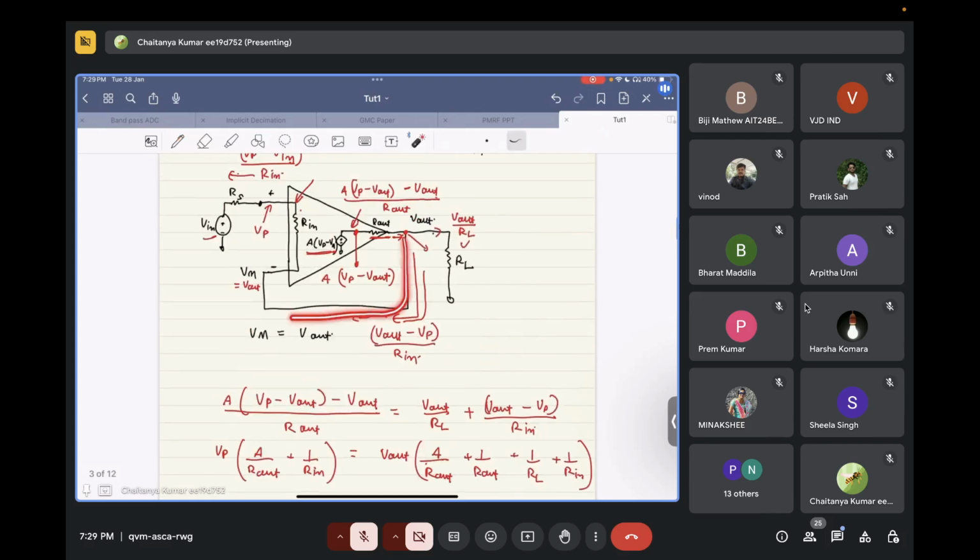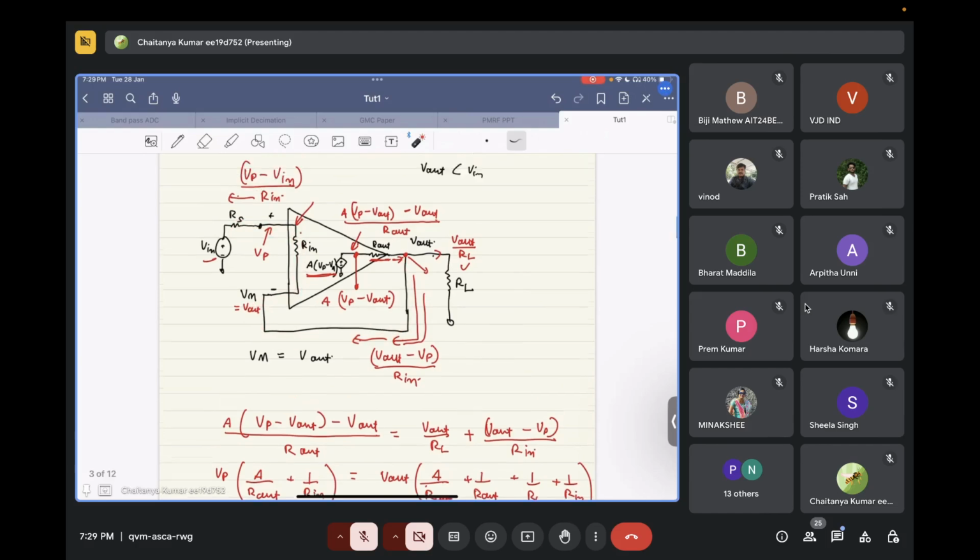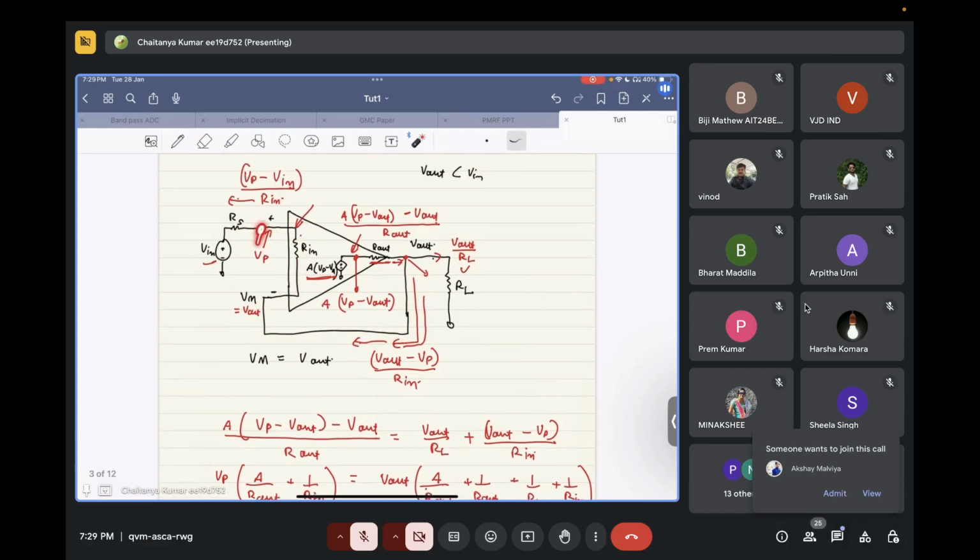This is the current that flows all the way to the input. If we apply KCL at this particular node, this current flows out, this current flows in, so both of them can be equated.